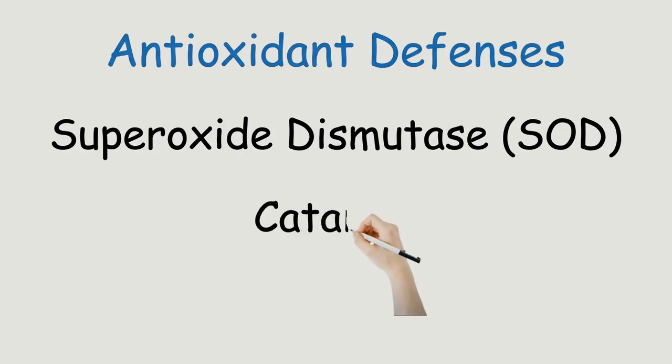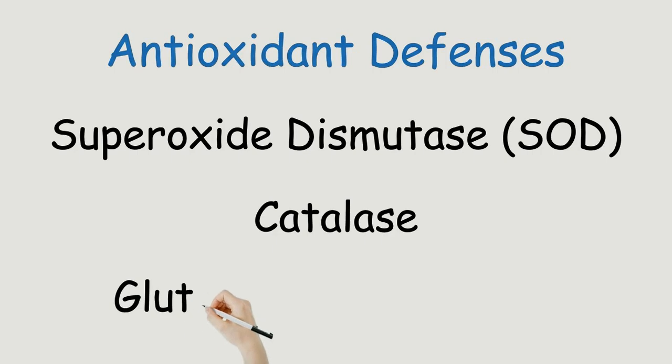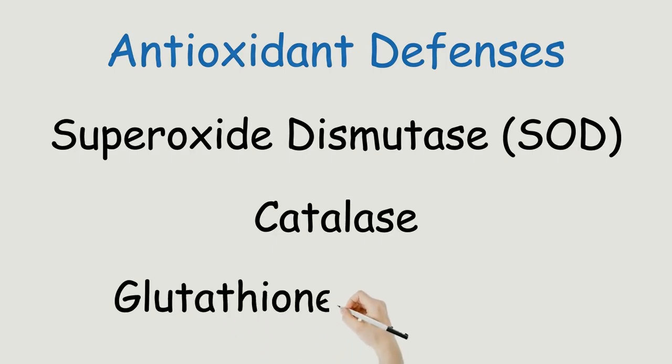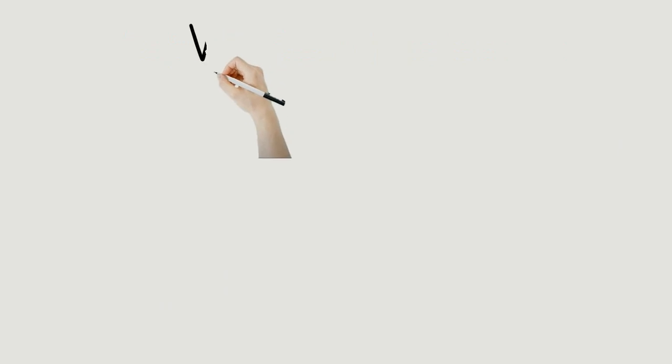Catalase converts hydrogen peroxide into water and oxygen. It's located in peroxisomes and prevents H2O2 from becoming hydroxyl radical. Glutathione peroxidase also neutralizes hydrogen peroxide and lipid peroxides, using reduced glutathione as the electron donor. When glutathione is depleted, as in acetaminophen overdose, this defense fails.